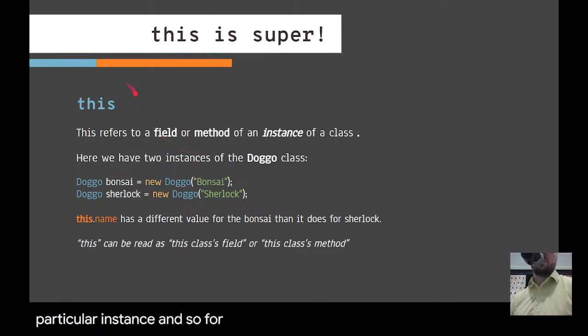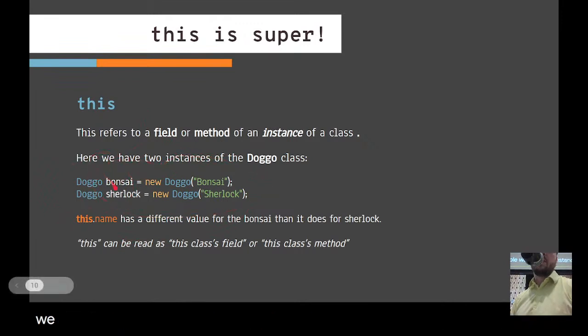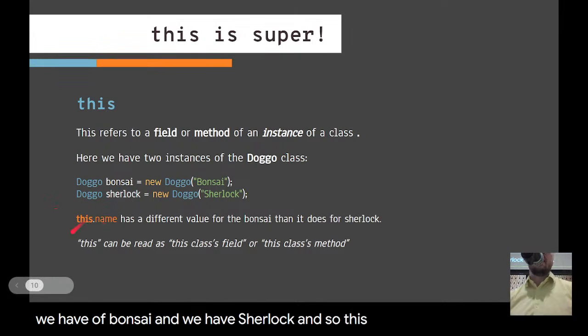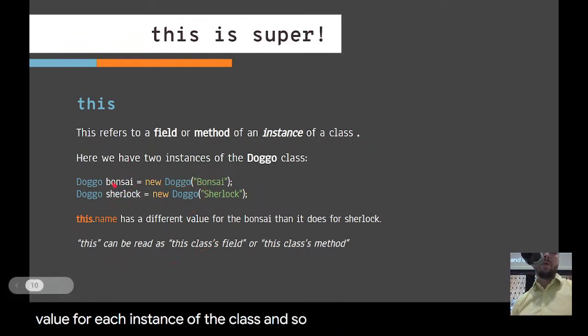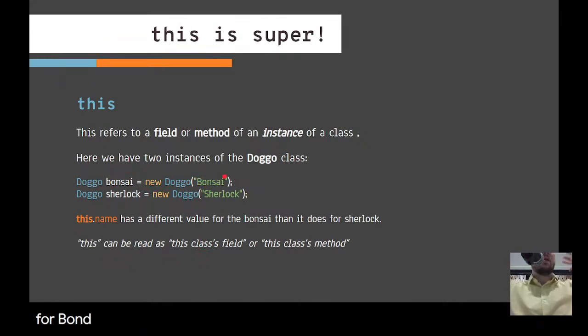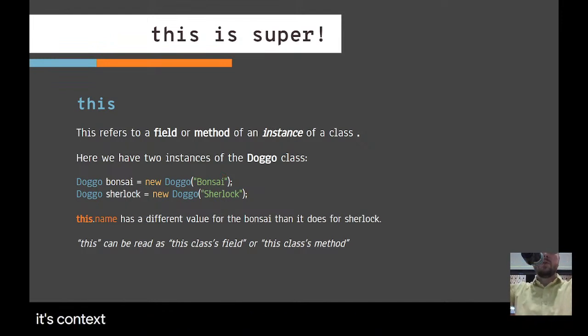For example, we have two instances of the doggo class. We have Bonsai and we have Sherlock. And so this.name has a different value per each instance of the class. If we were to access this.name for Bonsai, it would give us Bonsai. This.name for Sherlock, it would give us Sherlock. So it's contextual to the instance.